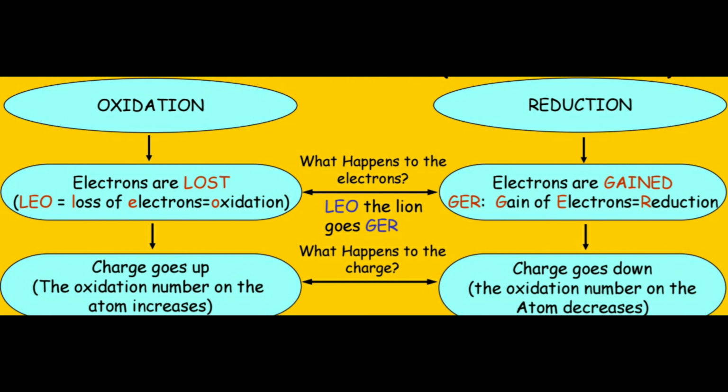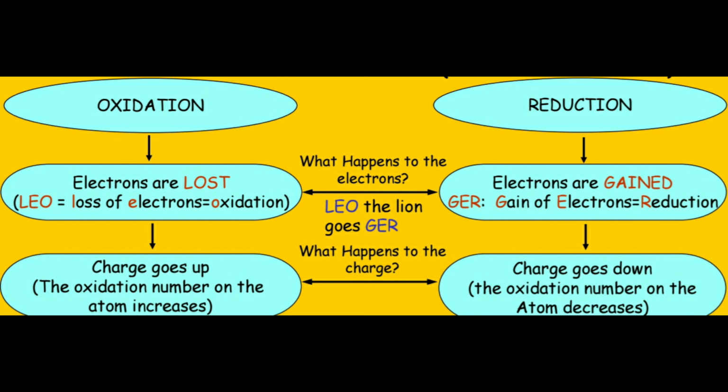In chemistry, the word oxidation means the loss of electrons. We can remember the definition of oxidation by remembering Leo the lion says grr. The loss of electrons is an oxidation, and the charge goes up.